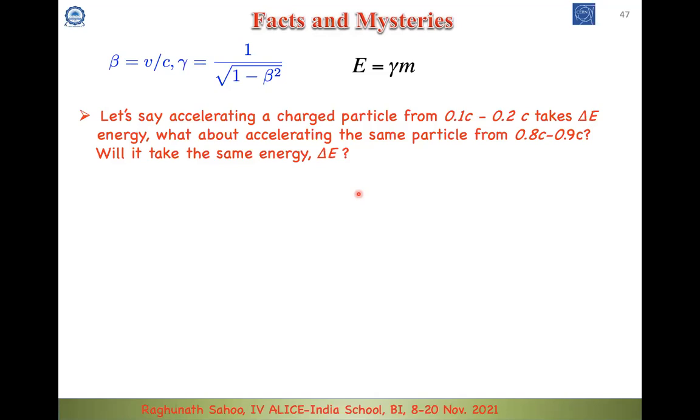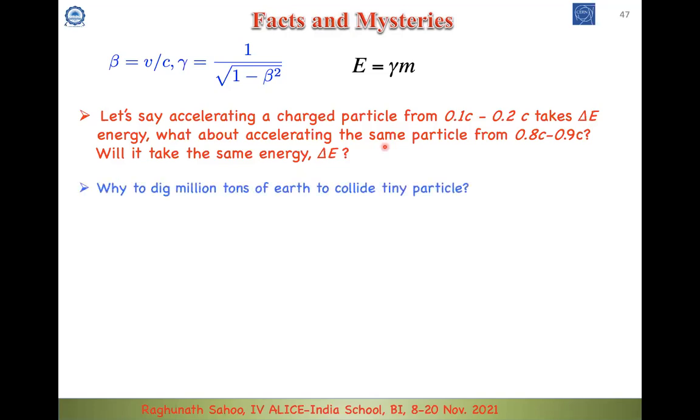Then you will see, once your velocity keeps increasing, the mass of the particle goes abruptly high, approaching asymptotically towards infinity as you approach the velocity of light. That means the particle's relativistic mass is becoming higher, and you need much higher energy. So that is why it is not linear. It is not directly proportional to delta E. Okay.